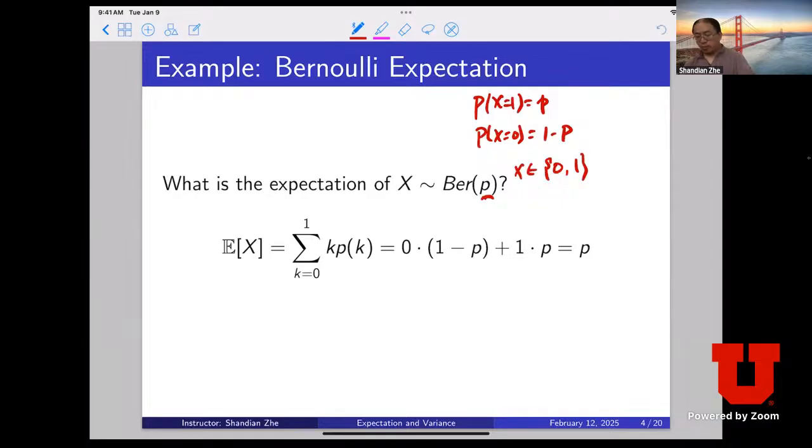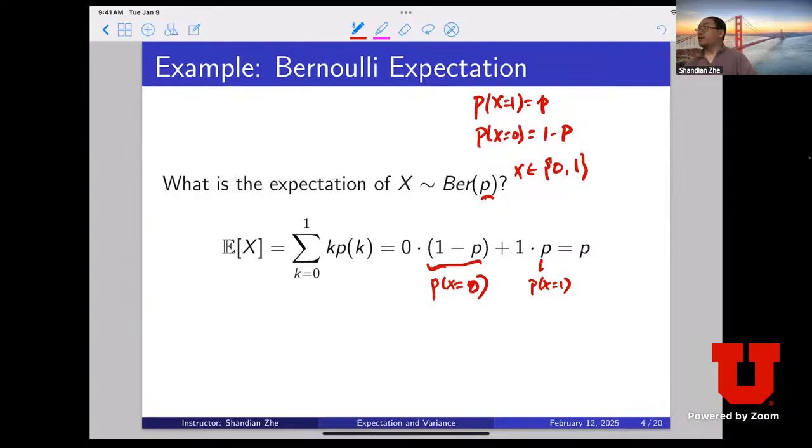So we multiply 0 with its weight, the probability X takes 0, which is 1 minus P. And the other value is 1, with the weight being the probability X takes 1, which is P. Doing this weighted summation, the expectation of X is P.